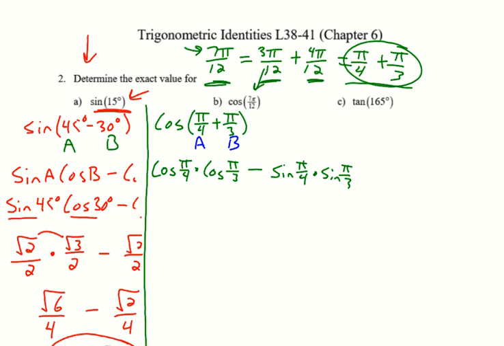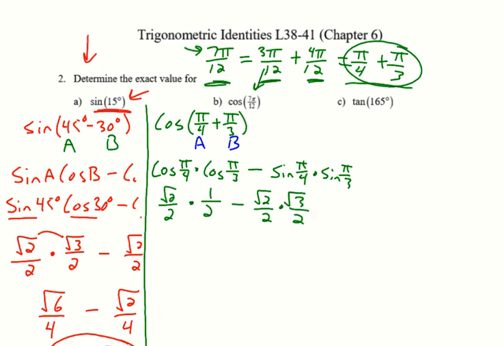Okay, so now again, we just need to clean this up. So cos pi over 4, that's 45 degrees, right? Cos pi over 4 is going to be root 2 over 2. And then cos of pi over 3 is a half, at 60 degrees there. Minus sine pi over 4 is also root 2 over 2. And then sine pi over 3 is root 3 over 2.